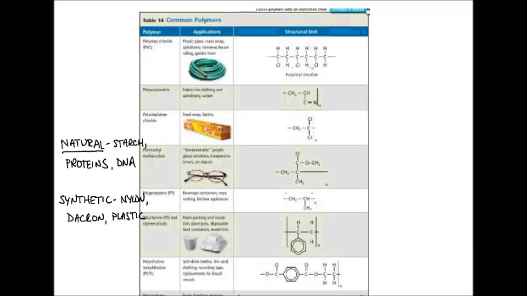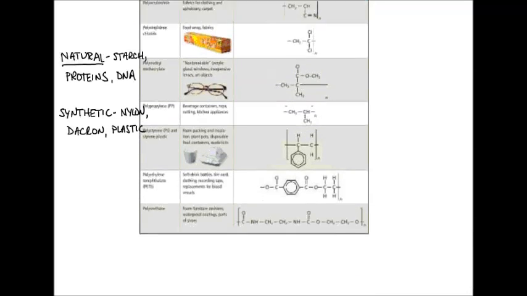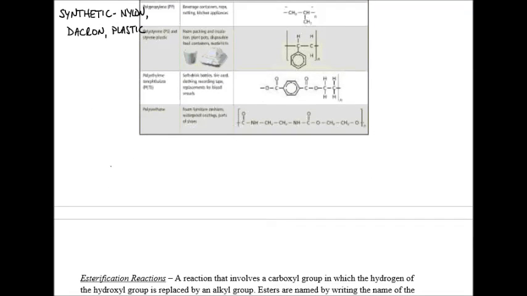In the reaction, we have X, which stands for many, monomers. In this case, this is ethene, which is sometimes called ethylene.